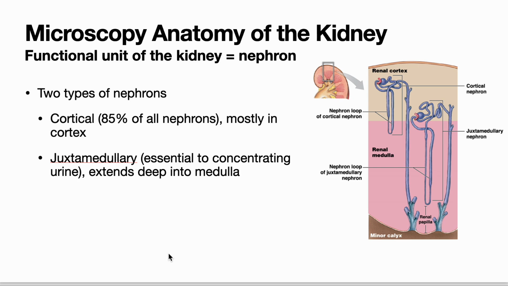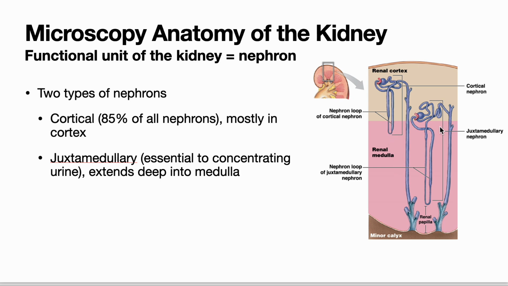So the cortical nephrons, which are most nephrons, about 85%, the majority of the nephron is located in the cortex. If you look at this image right here, most of the nephron is located in the cortex, with just a little bit of the loop located in the renal medulla.